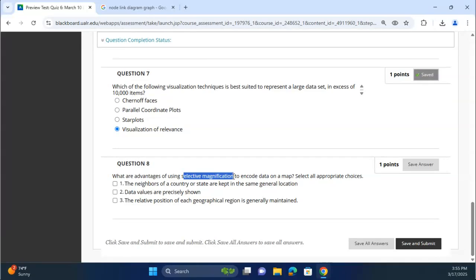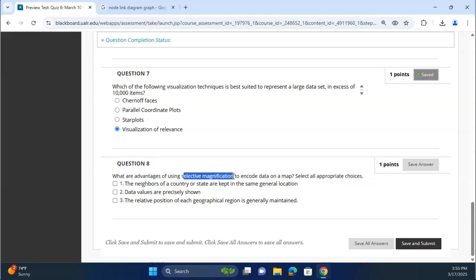Like there were examples in the slide shows where we looked at trade, how much industrial exports a certain country provides. So we can take a small country like Japan, but it provides a lot. They have a lot of industrial exports, so they become almost as big as maybe Canada or Russia, which is a big country geographically.